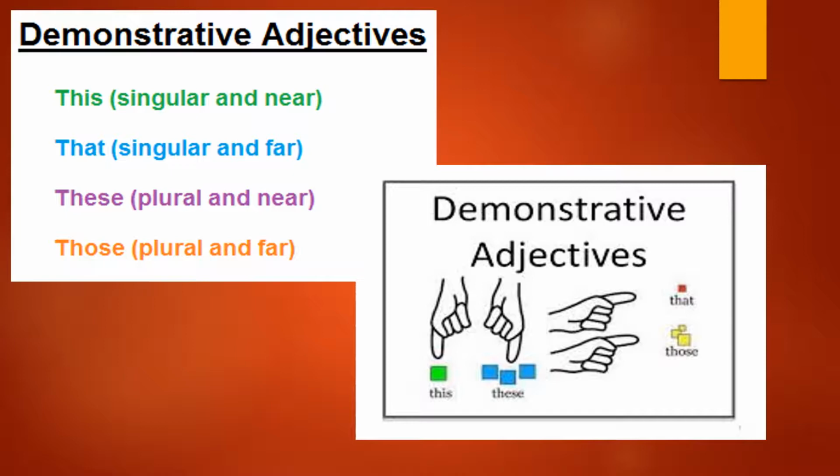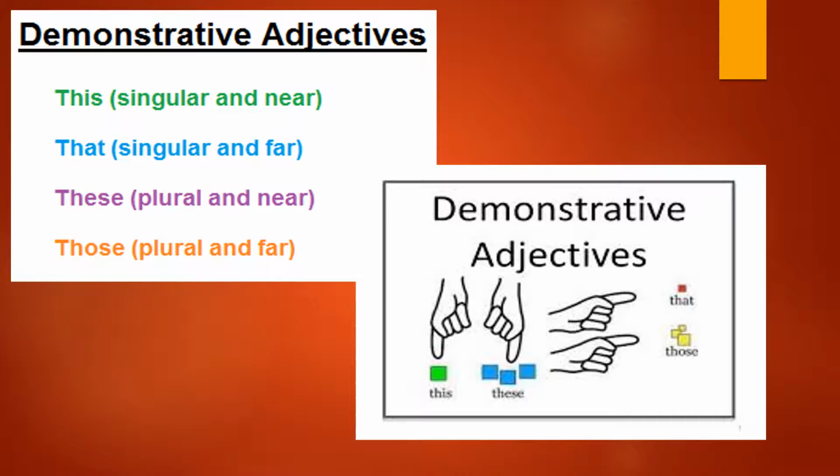Now take other examples. This photograph is mine. These pens are his. That notebook is hers. Those garments are theirs. In these sentences, this, these, that and those are demonstrative adjectives. They point out which person or thing is meant.